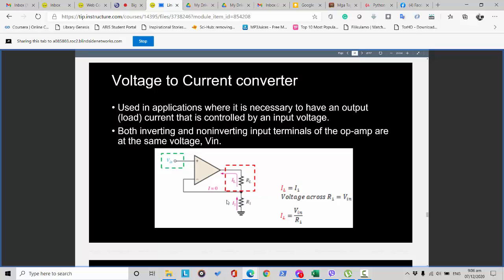So we're computing for the current of the output, no? We have an input voltage and we're taking for our output current. So therefore the output current will be equal to the input voltage divided by the resistance, R1. R1 is the resistor connected to the ground. Okay?